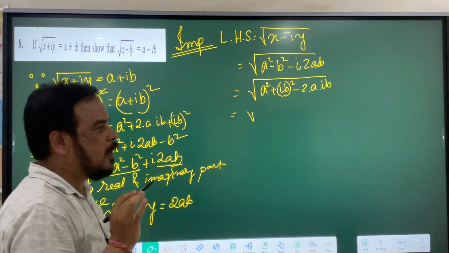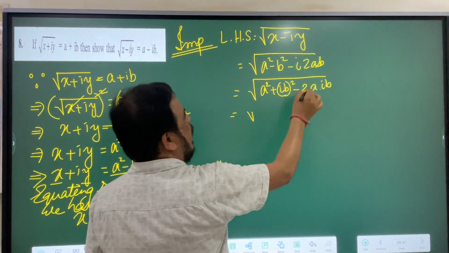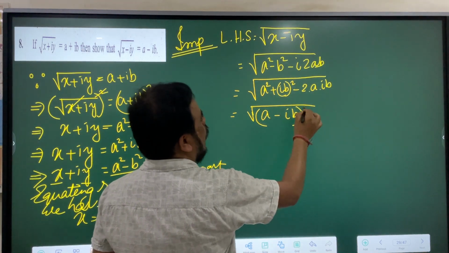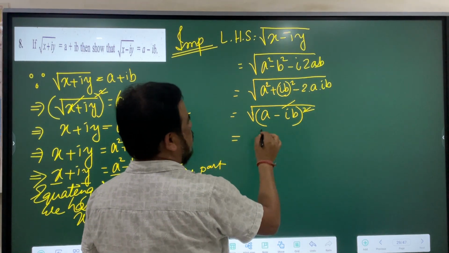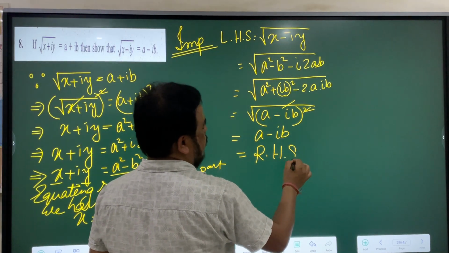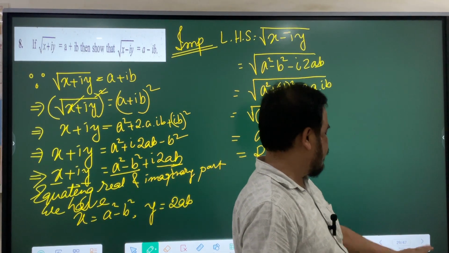So a square plus b square minus 2ab will be a minus b whole square. So the whole square and root cancel, and a minus ib equals the right hand side. Very important sum.